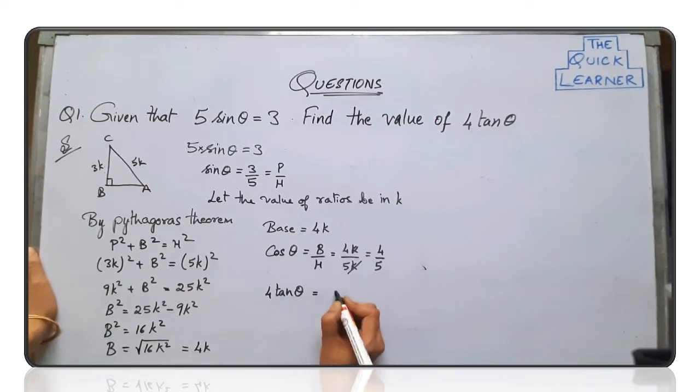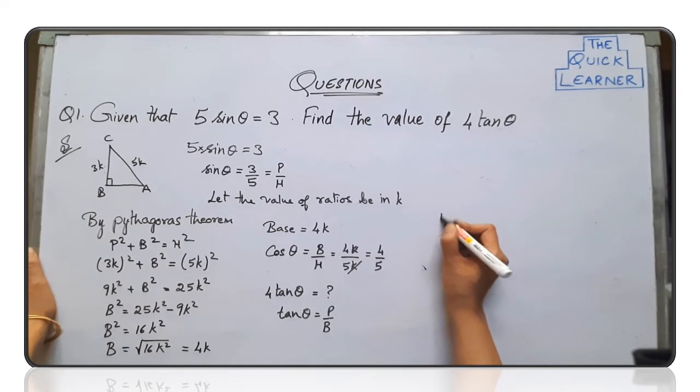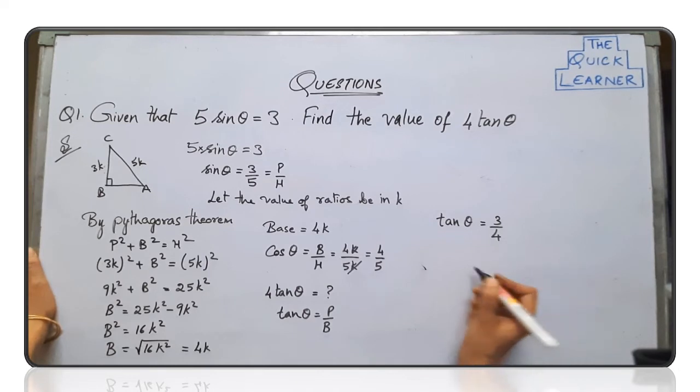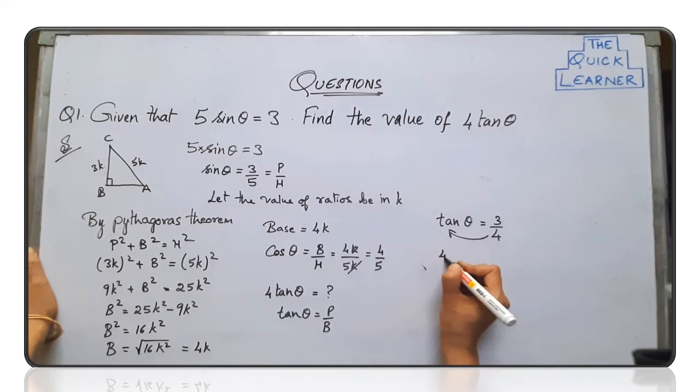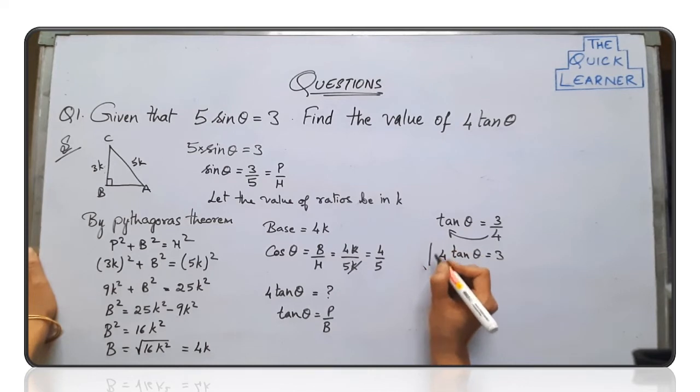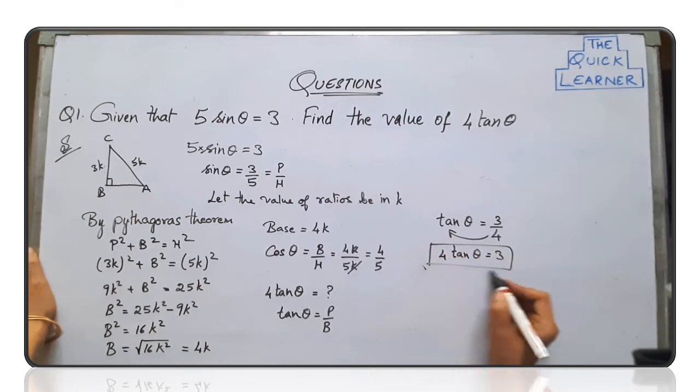We know that tan theta is equal to perpendicular by base. Perpendicular is 3, base is 4. If I write this separately, tan theta is equal to 3 by 4. Now, take the 4 to the other side of the equality. It becomes 4 tan theta equal to 3. So this is your answer. Clear?